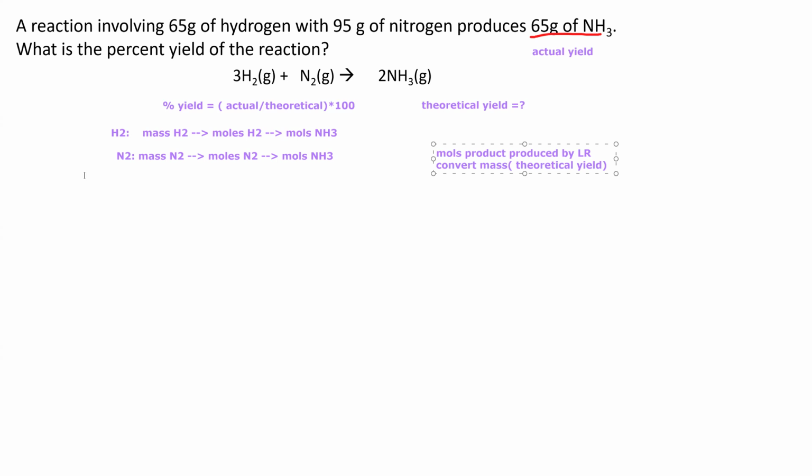So just a few things we need. First off, we need the molar mass of H2, which is 1 times 2, equals 2 grams per mole. And we need the molar mass of N2, which is 2 times 14, 28 grams per mole. And lastly, the molar mass of NH3.